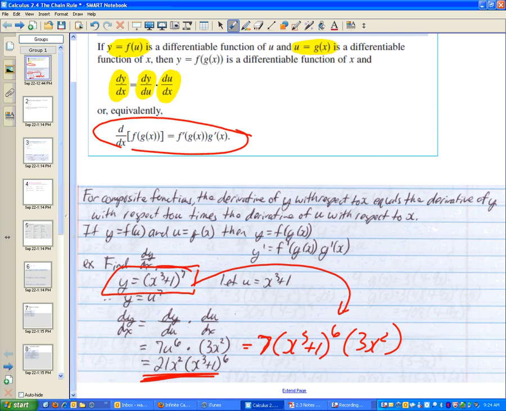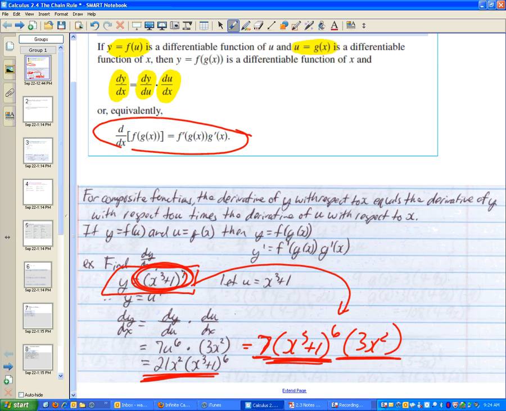I did the power rule on that quantity to get that, and then what did I do at the end? Times the derivative of the quantity. So usually u is a quantity.